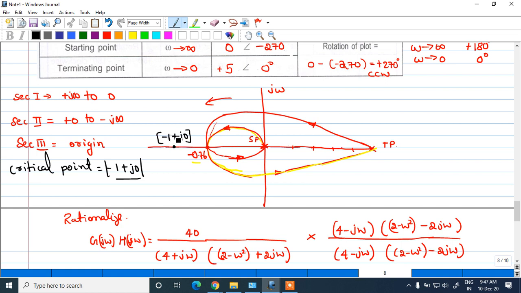It would be encircling if this particular Q is more than minus 1, like 1 or 2, minus 2 or minus 3, then what will happen? This particular point will be inside. Again, we have a method to count the encirclement: the same direction will add up, opposite direction will cancel each other. That I will let you know in the next problem.